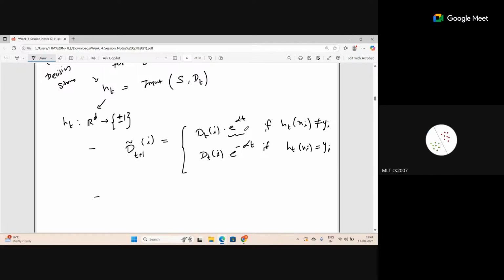It is not coming from somewhere; the person who designed this algorithm says that if you incorrectly classify, you provide a higher weight, and if you correctly classify, you provide a lower weight for that data point. And then at each step you normalize these weights.